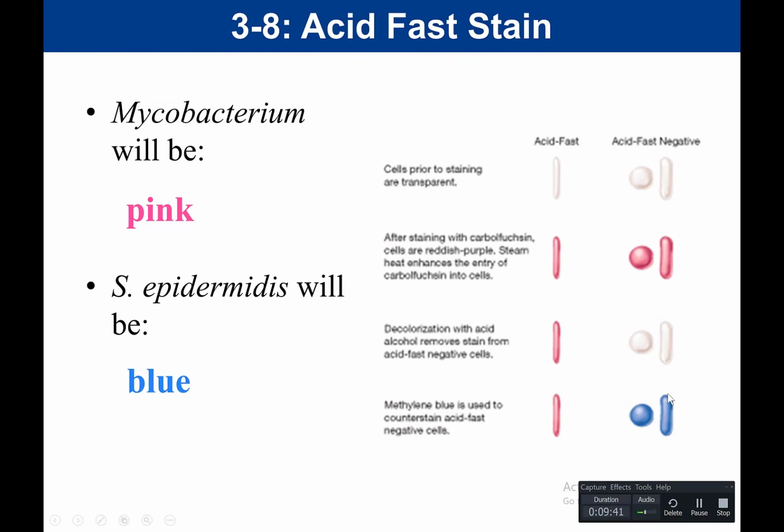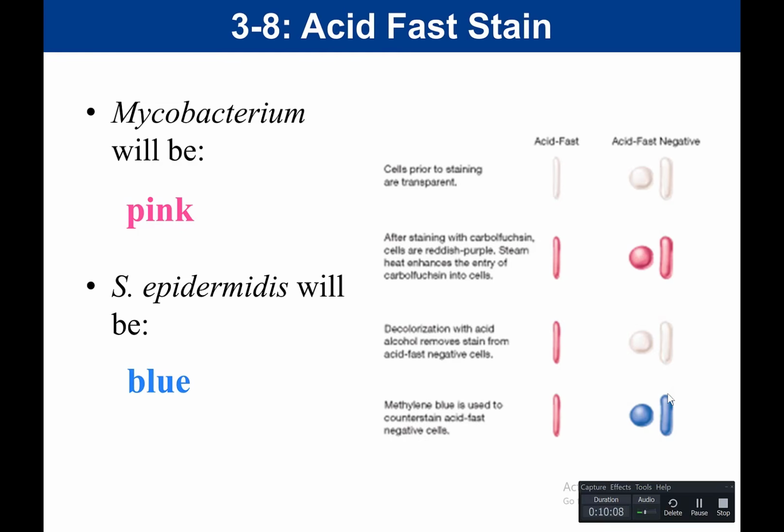We do not apply heat when we add our methylene blue. And so the methylene blue will only get into the acid-fast negative and not the acid-fast positive. And so you should know that at the end of this procedure, acid-fast positive bacteria will be pink. They're kind of a magenta, bright pink color, where Staph epidermidis would be blue, as an acid-fast negative.